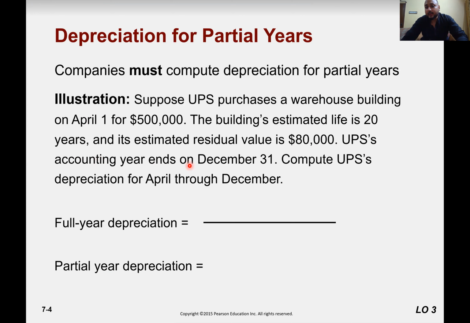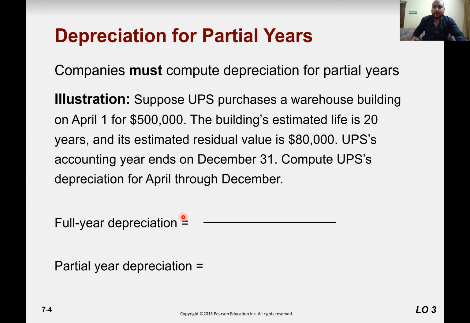UPS's accounting year ends on 31st of December. So compute the UPS depreciation for April through December. From April to December, how many months are there? April, May, June, July, August, September, October, November, December. 9 months, right?